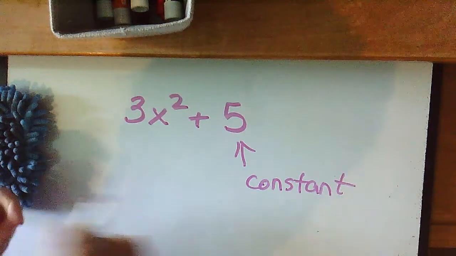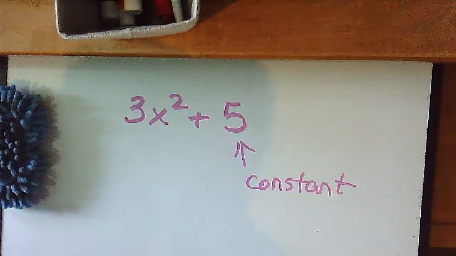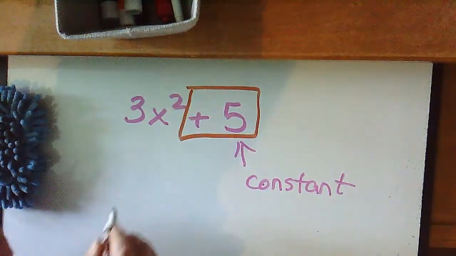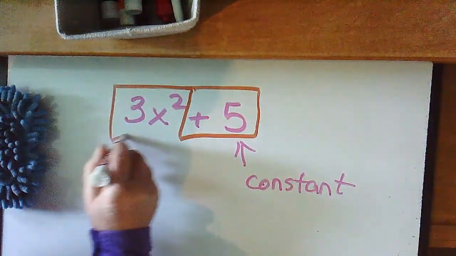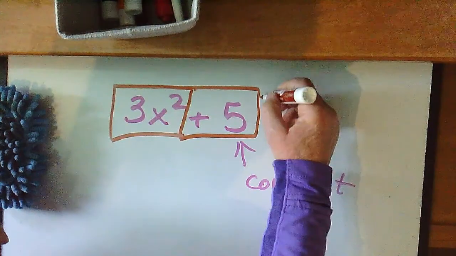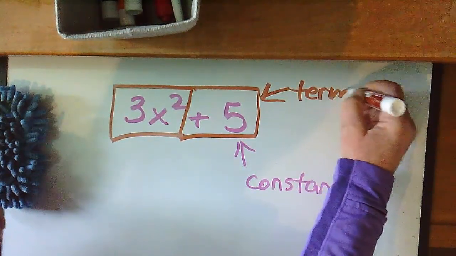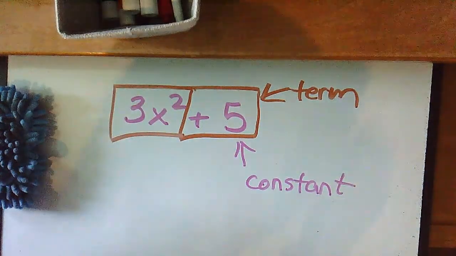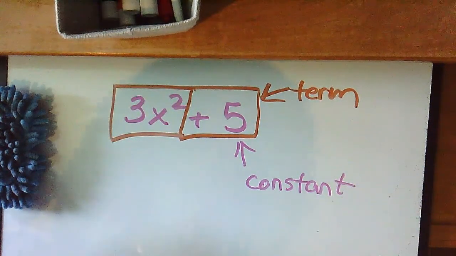And by the way, let's also remind ourselves that this is a term. This is another term. So a term that is just a number is called a constant.